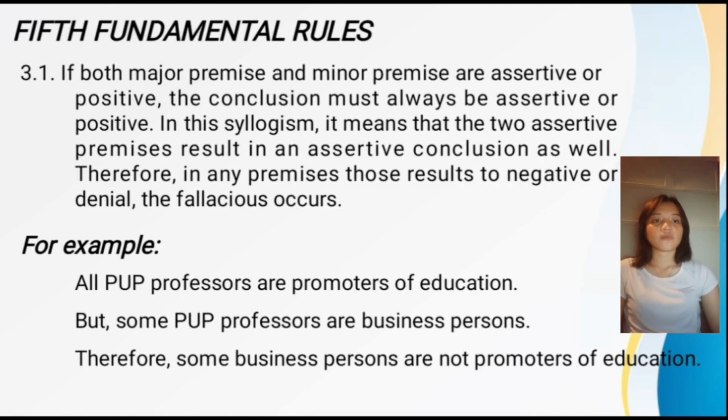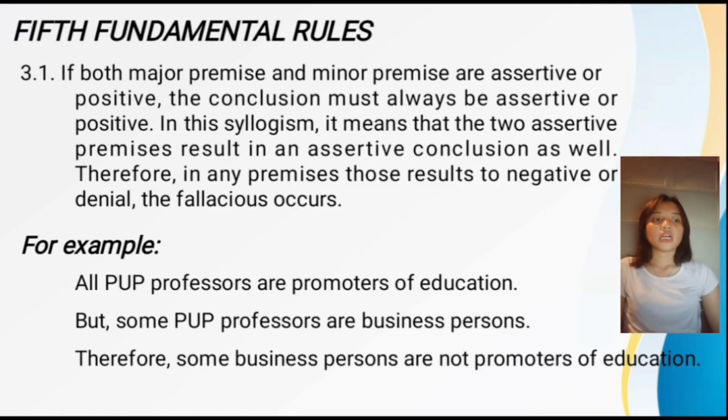But in the case of the given example, the conclusion suddenly focused on the negative side. What was discussed is how both PUP professors and business persons connect as being promoters of education. But the conclusion shows how business persons are not promoters of education.